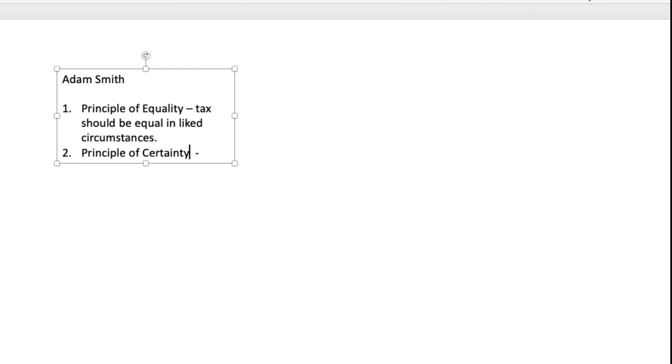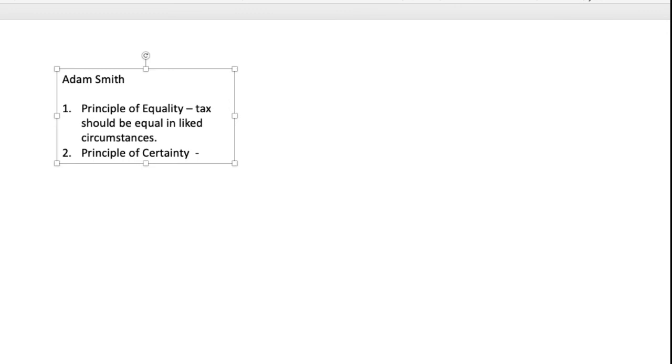A certain amount of tax, for 3 to 5 lakhs, 5 to 10 lakhs, I have to pay a certain amount, right? So the time of payment and the quantity of payment must be clear.